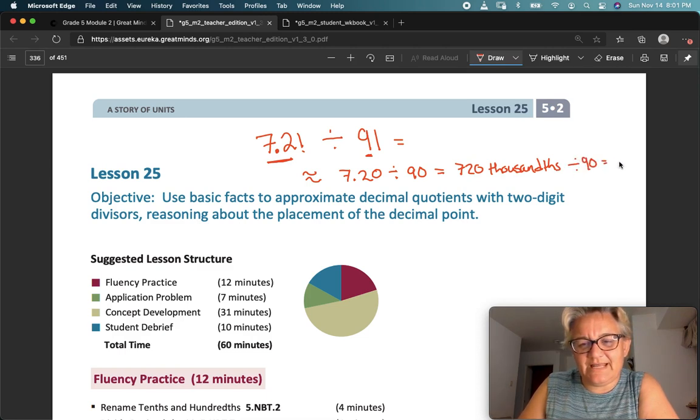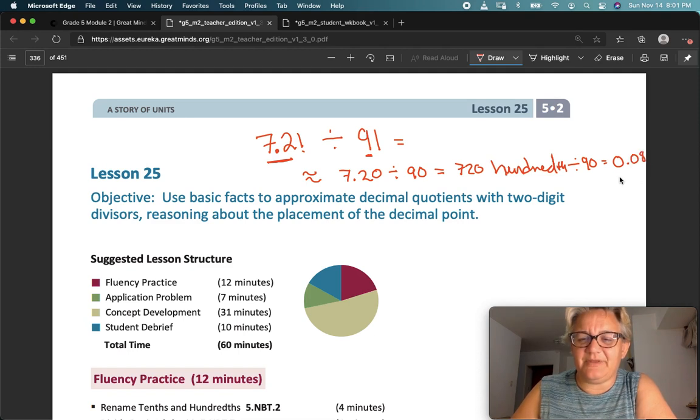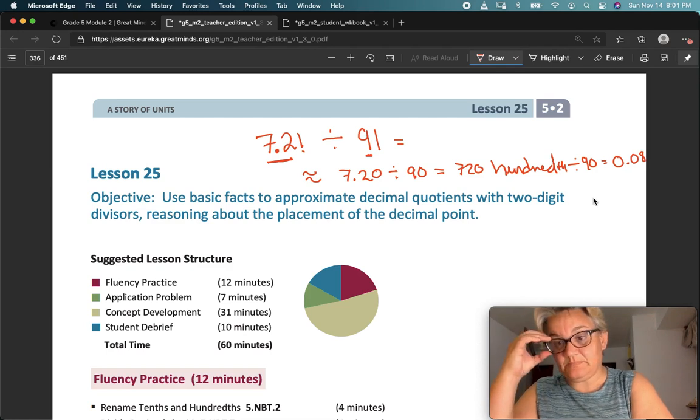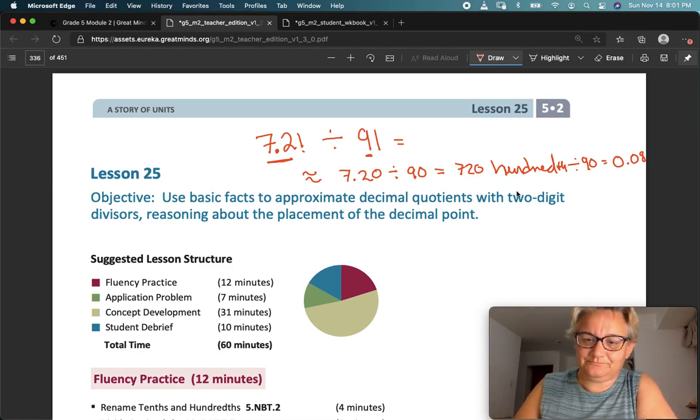I'm going to get as my answer, I'm sorry, hundredths. Shoot, that's hundredths. I didn't mean to confuse you. I'm going to get as my answer 8 hundredths, right? Okay. So let's try it.